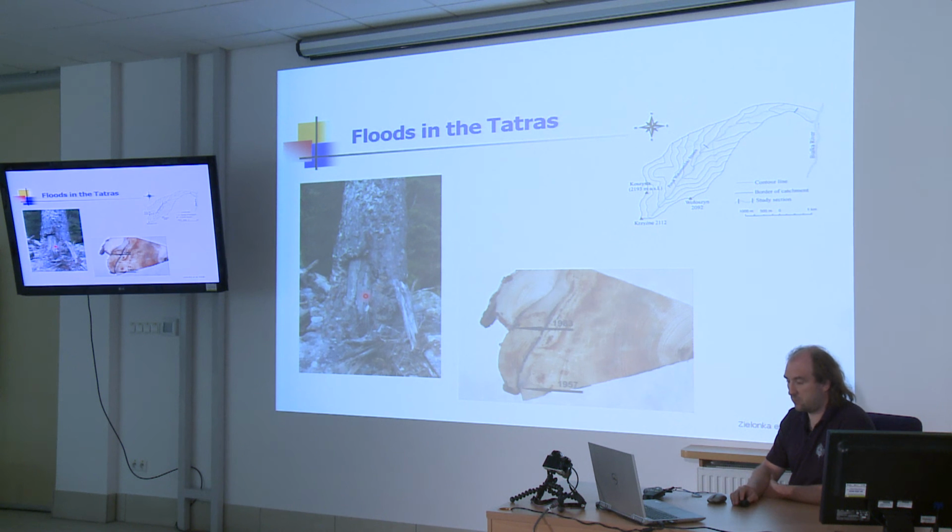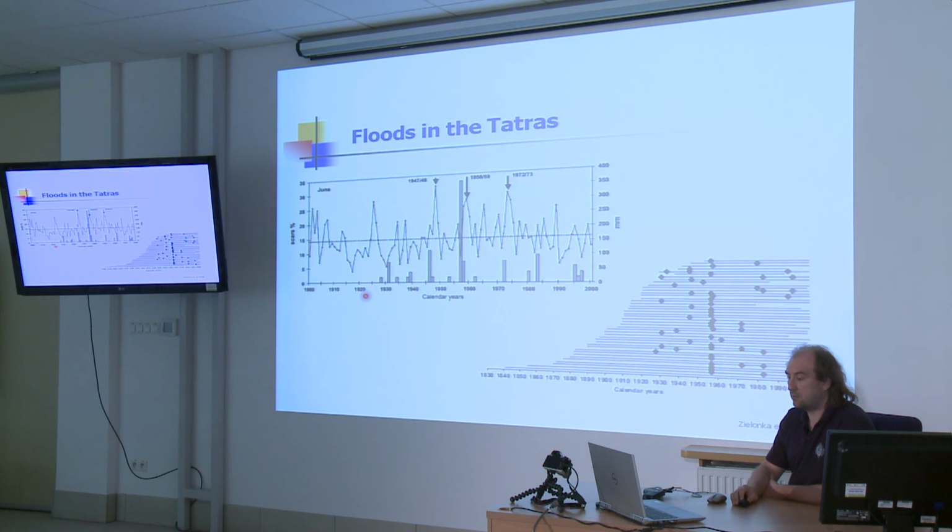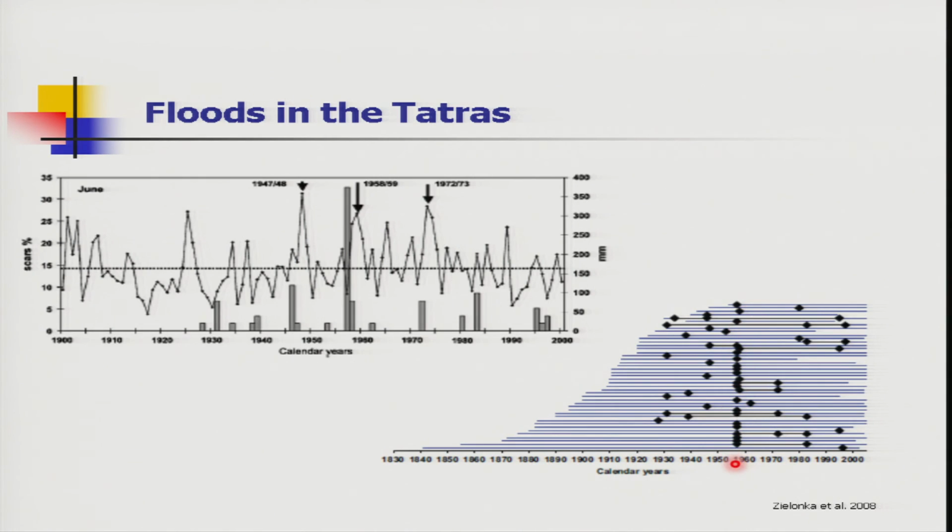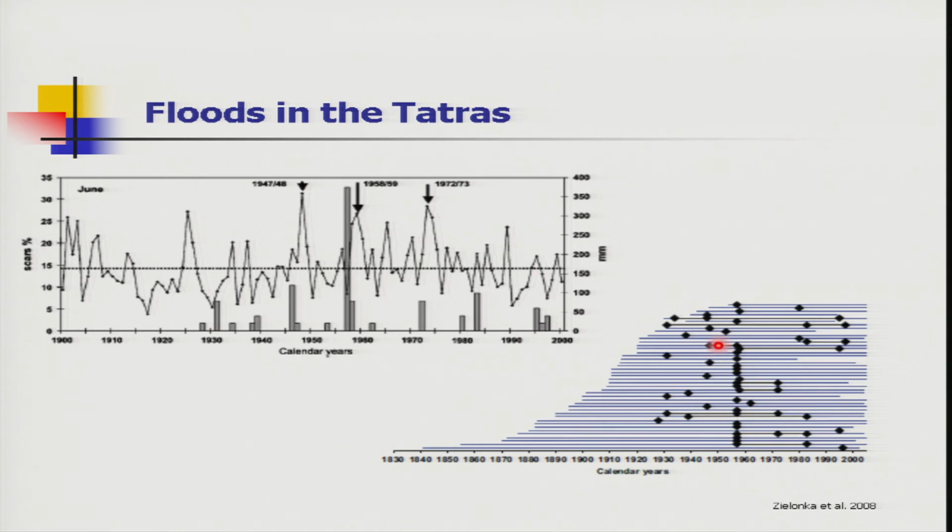And we can also, like in this case, correlate events when scars were made on trees. So similarly to the fire analysis, we've got horizontal lines that represent trees, and dots that represent scars. And here we have huge event which injured a lot of trees.